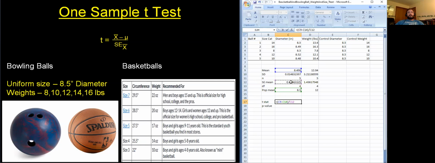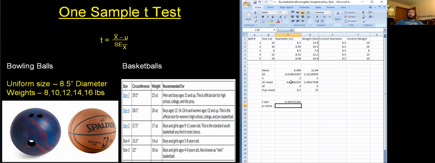So the sample average minus mu, the population average, divided by the standard error of the mean. That's what that formula is giving us.